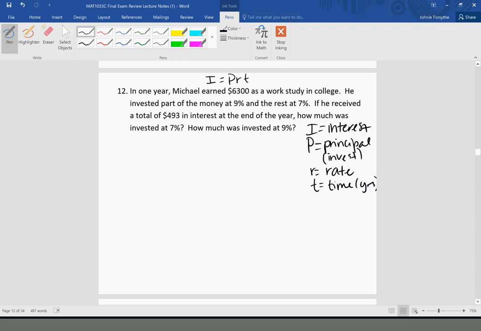Okay, so what we're going to do, we're going to make a table to kind of organize our information. So I have I, P, R, T. I'm going to need more space. I write big.